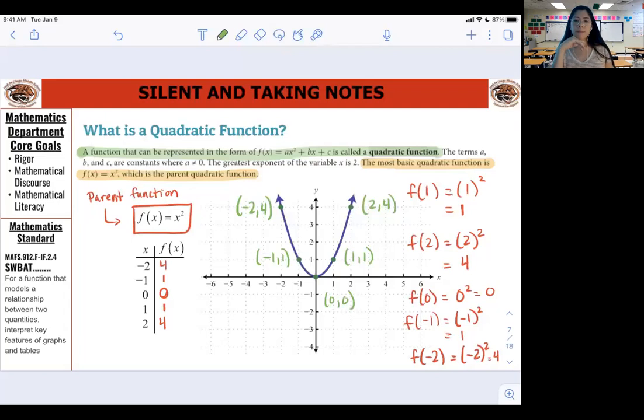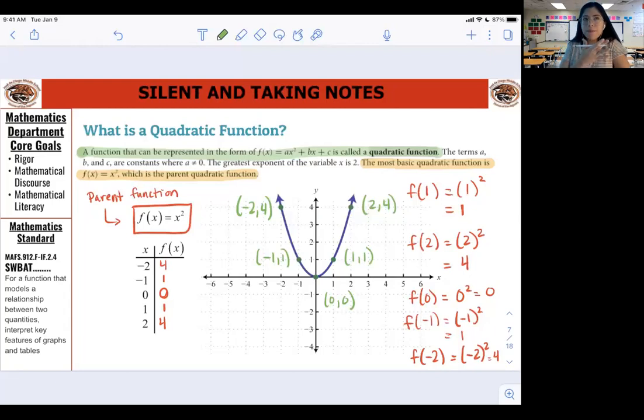Anyone else? How would you describe the shape of this graph? A V. A V? Any other letter you would use? A U. A U, yeah.